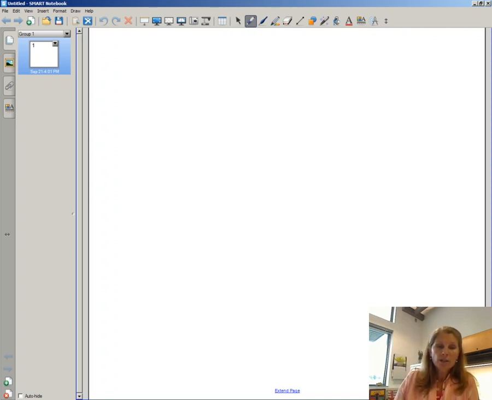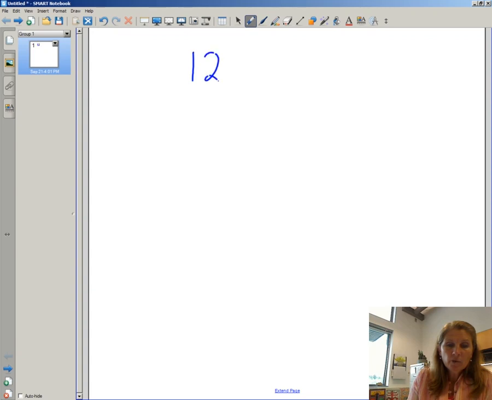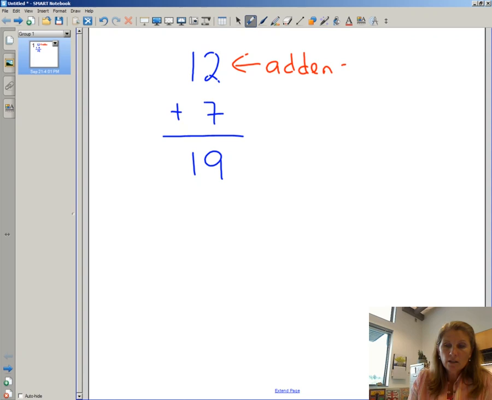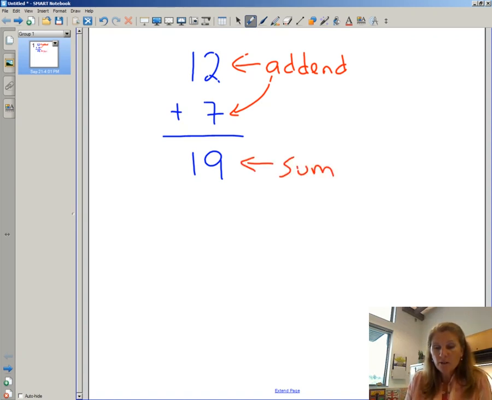So let's write down just briefly again the terminology for addition. If I have something like 12 plus 7 equals 19, I know that 12 is an addend, as well as the 7. When you're adding, both parts have the same name, and the answer to an addition problem is a sum.